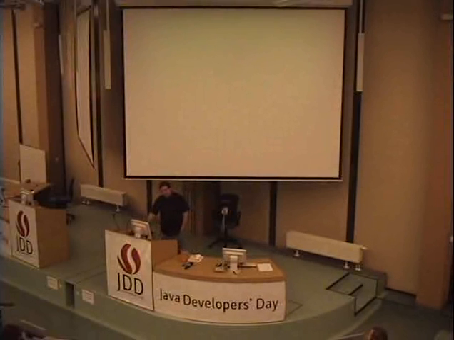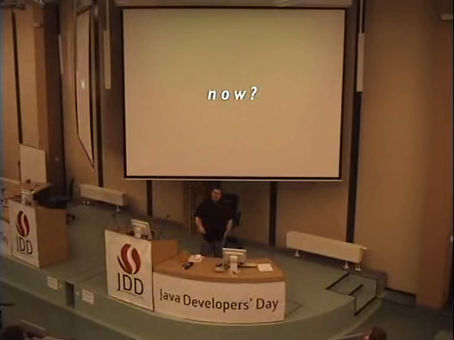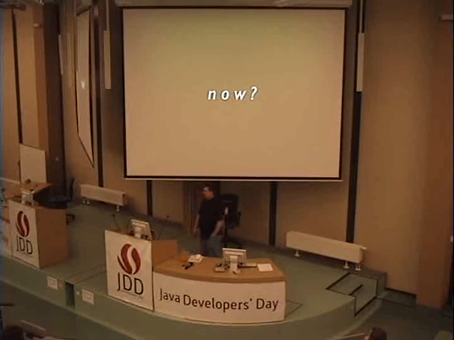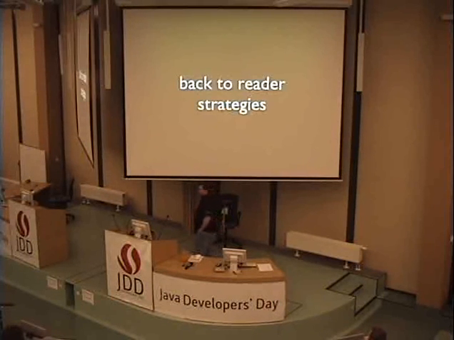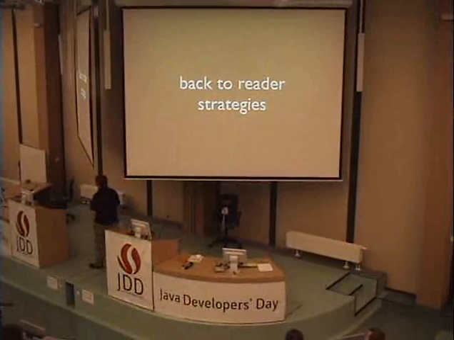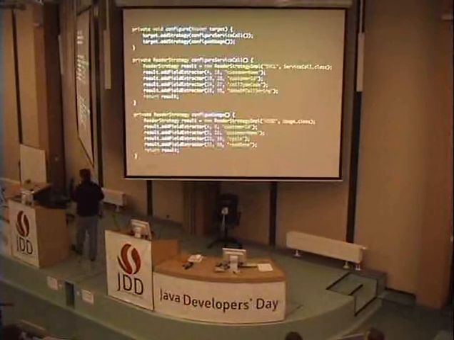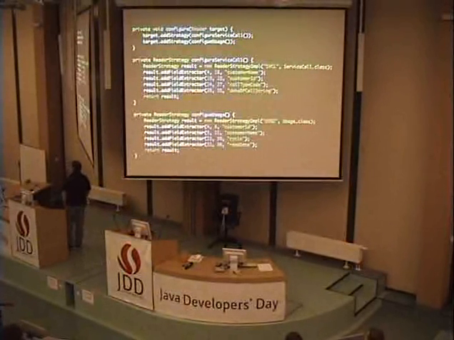But you may ask, okay, well, how does this apply to now, as in today? Let's go back for a second to our reader strategies I was talking about before. Remember this code that I talked about before? This is how we configured the reader strategies that we had created.